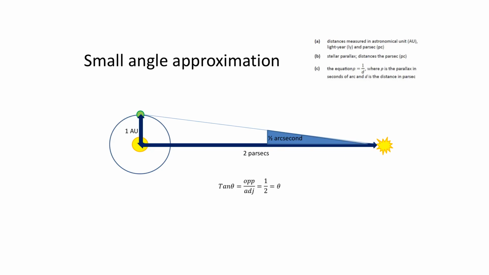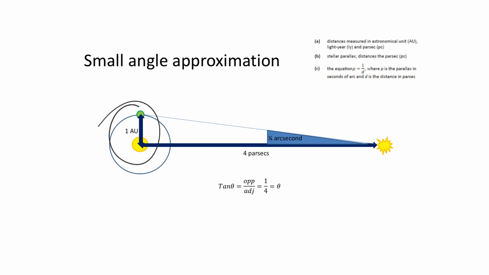Just as a couple more examples, we said that theta is opposite over adjacent. Our angle is just here, so a half equals opposite, which is 1, over adjacent, which is 2. So half equals half.